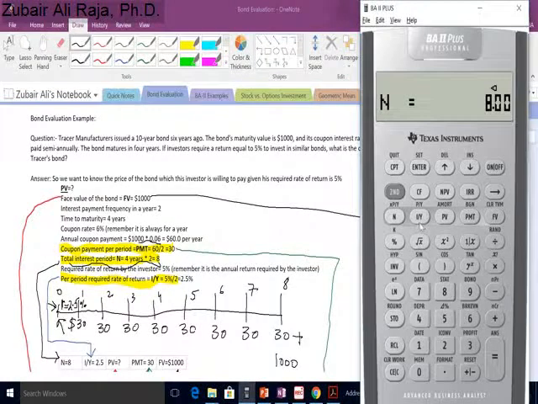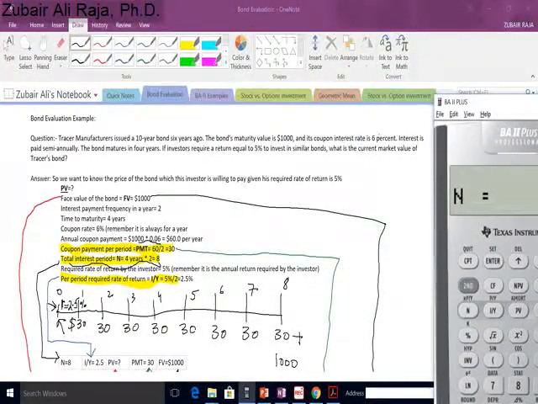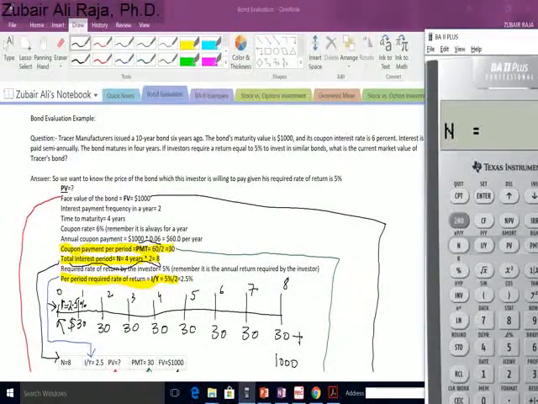Now this interest has nothing to do with the coupon payment. Remember, in the question the coupon interest rate is 6%, but this interest has nothing to do with the coupon interest rate. It has everything to do with the second investor's required rate of return.